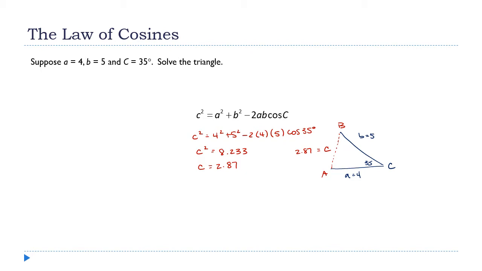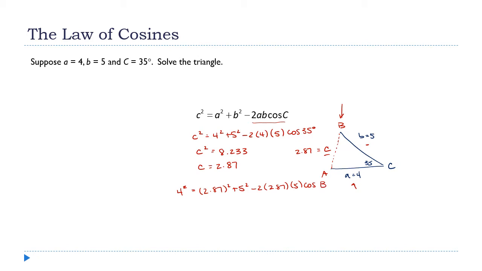What the law of cosines is saying is the opposite side squared equals the two adjacent sides squared minus this expression with the angle. So I'm going to try to find angle B. What this formula says is 4 squared, that's the side opposite the angle I'm looking for, is equal to 2.87 squared plus 5 squared minus 2 times 2.87 times 5 times the cosine of angle B.